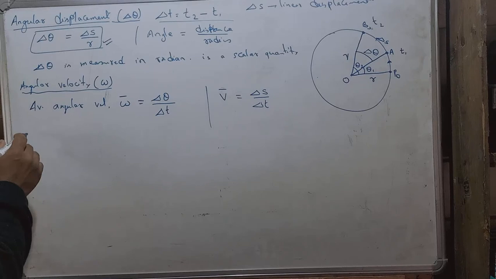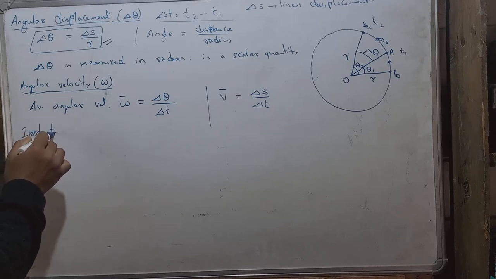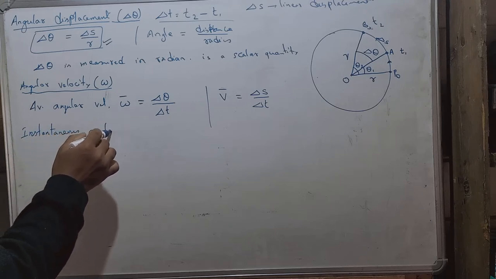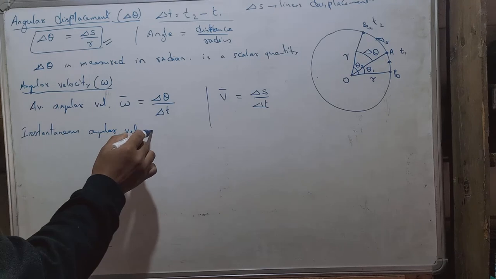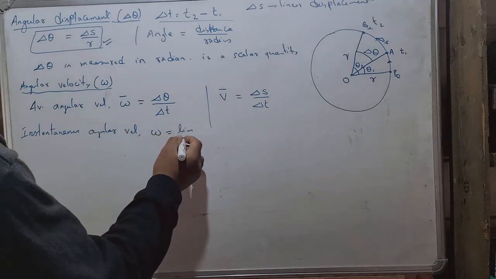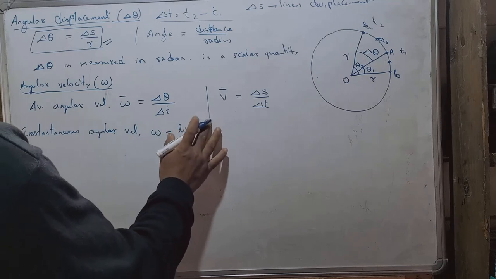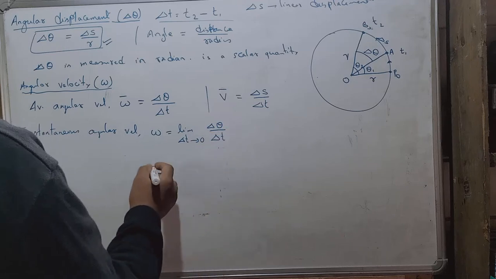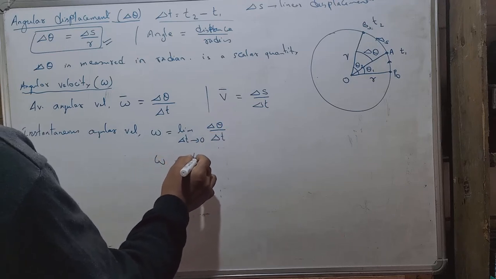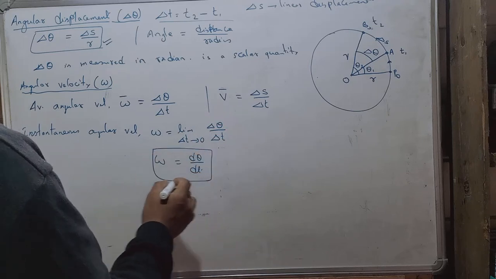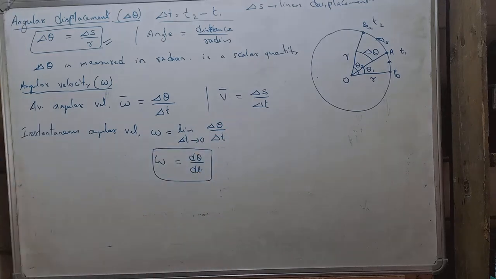Similarly, we can define the instantaneous angular velocity omega as the limit delta t tends to 0 of delta theta upon delta t, or omega equals d theta upon dt. So this is the instantaneous value of the angular velocity.